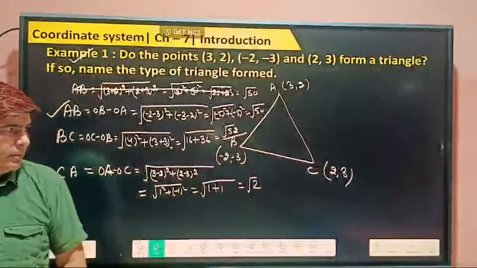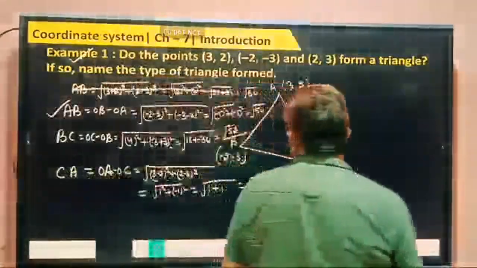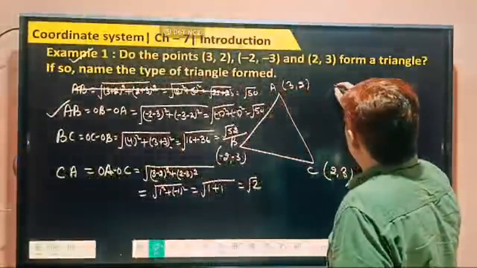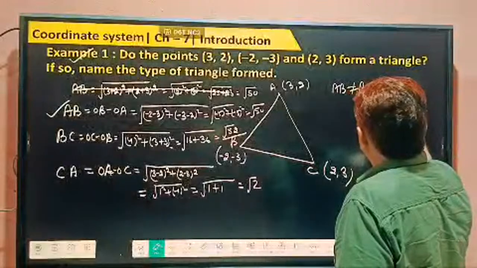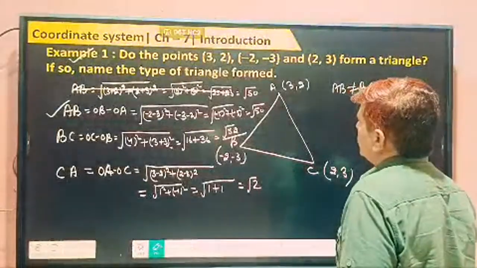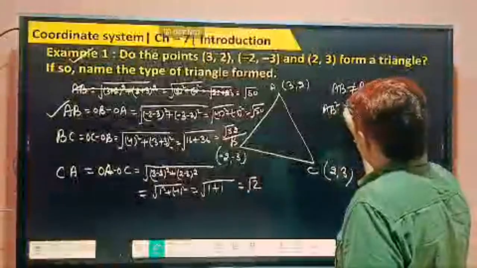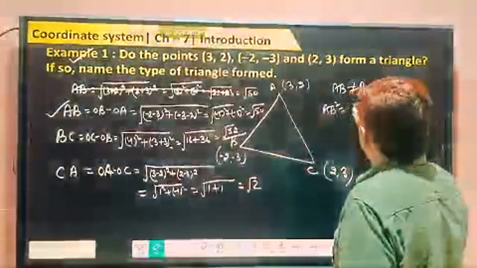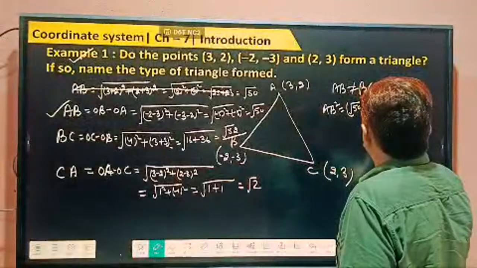Understood or not? So what is its meaning? AB is not equal to BC, not equal to CA. And if you check, AB square is under root 50 whole square, which is equal to 50.